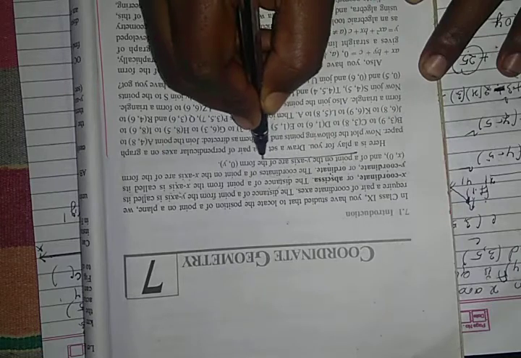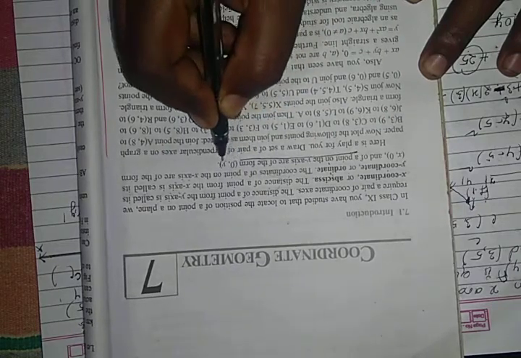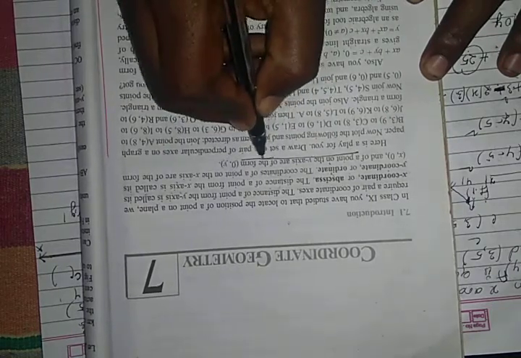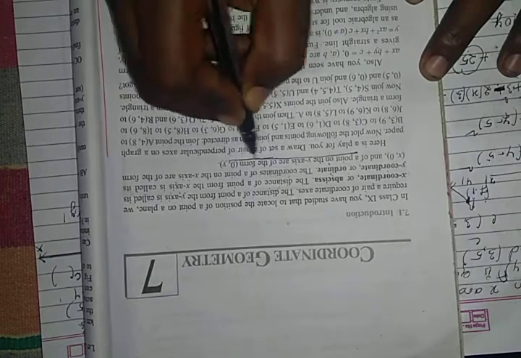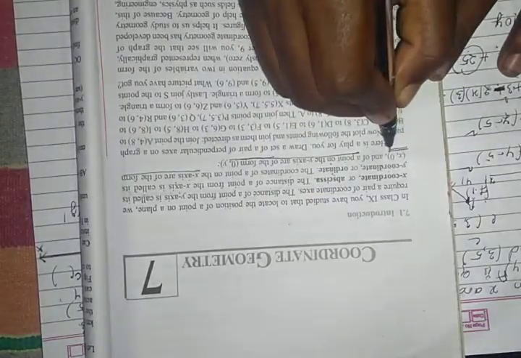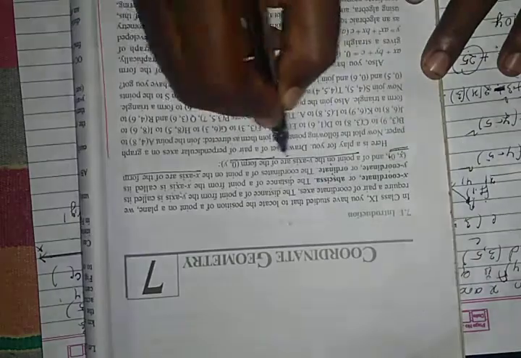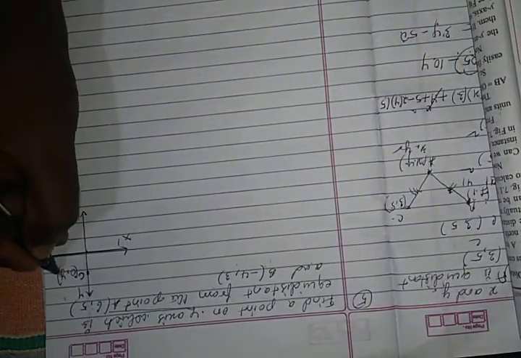Points on the y-axis are of the form 0, y, and on the x-axis are of the form x, 0, very important. X-axis x, 0; y-axis 0, y.